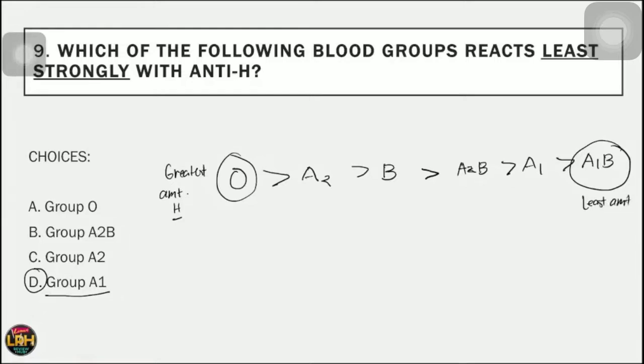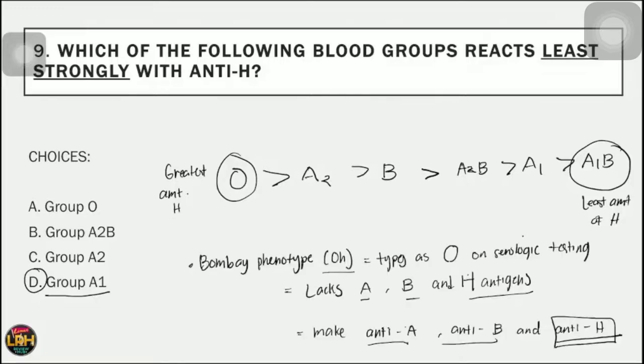Bombay phenotype individuals type as type O on serologic testing because they lack A antigen, B antigen, as well as H antigen. So these individuals make anti-A, anti-B, and anti-H, with strongly reactive anti-H in their plasma.